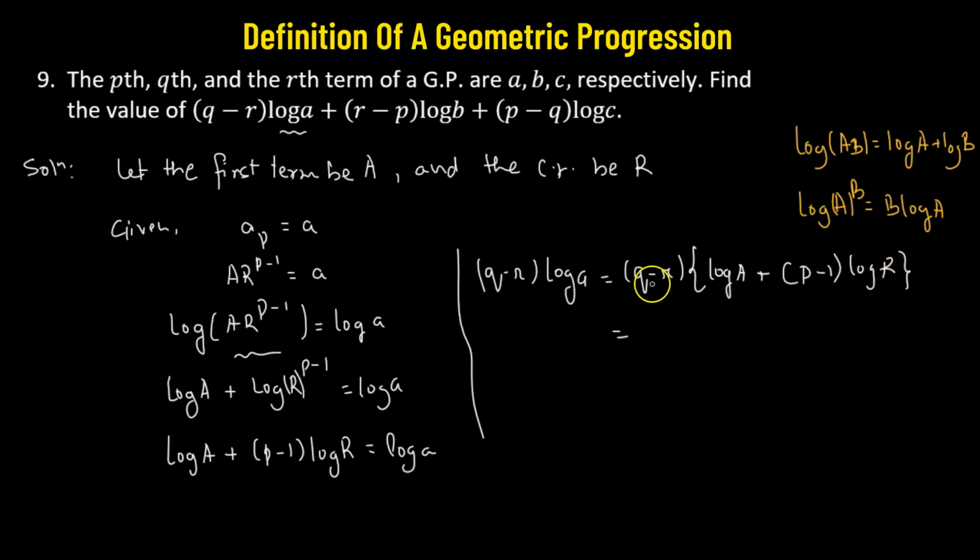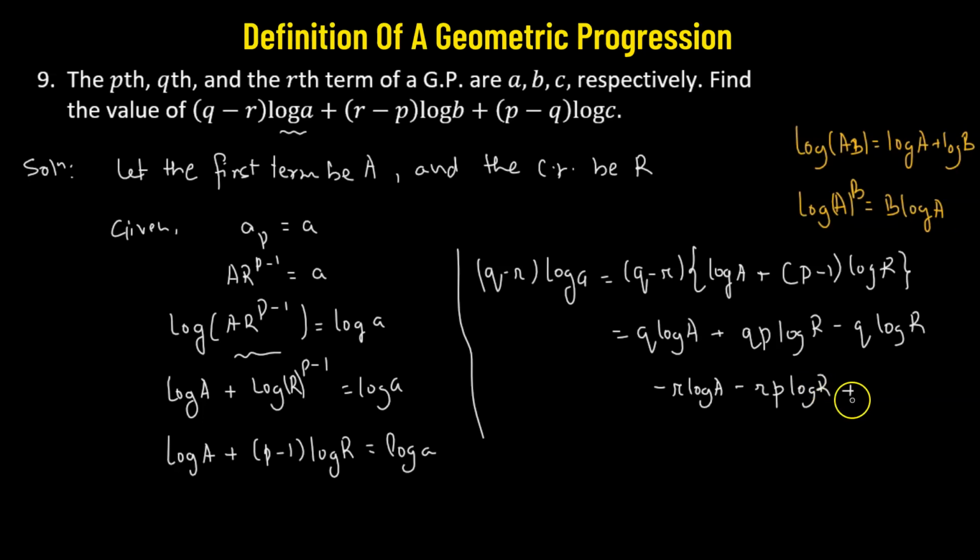We have q minus r, so q times log of A plus q times p minus 1, so qp log of R minus q times log of R. Then we'll multiply negative r to each of the terms within the parentheses, so we have negative r times log of A. Then we have negative rp times log of R plus positive r times log of R. So this is the value of q minus r times log of a. Let's represent this by equation number 1.